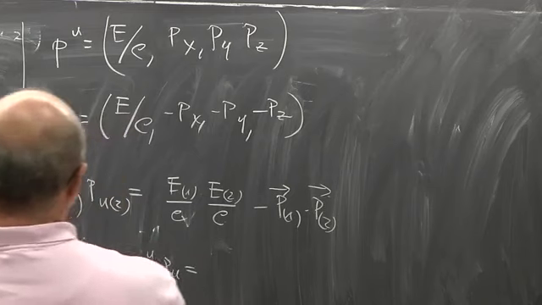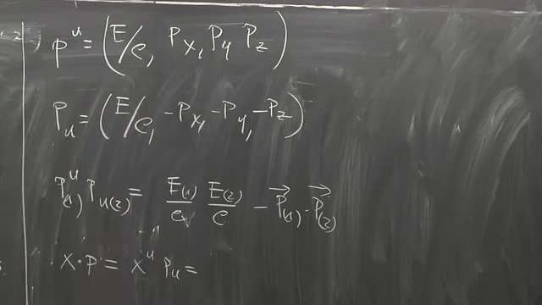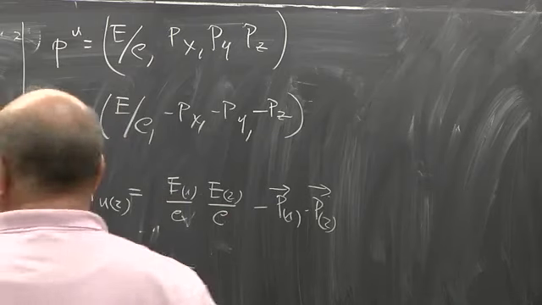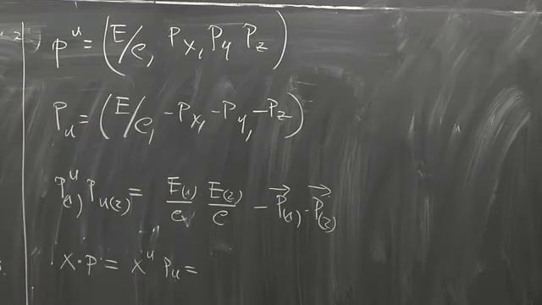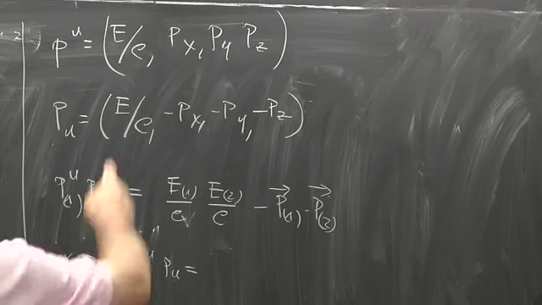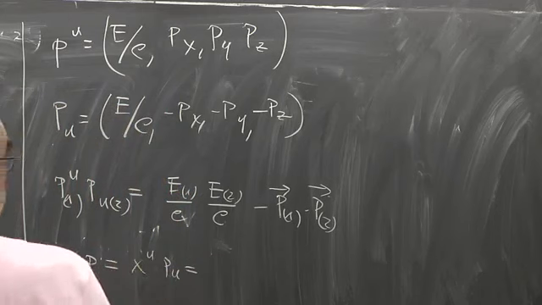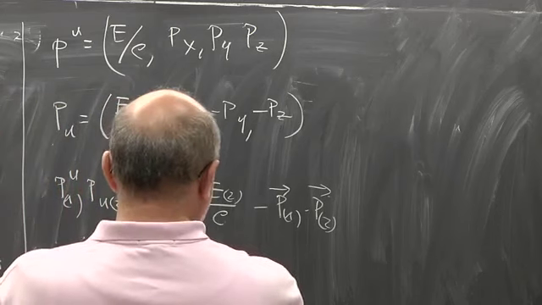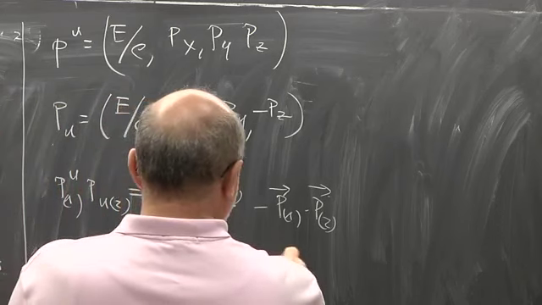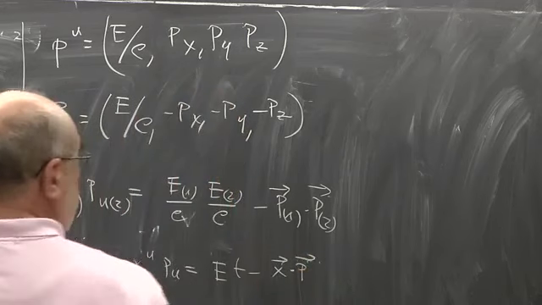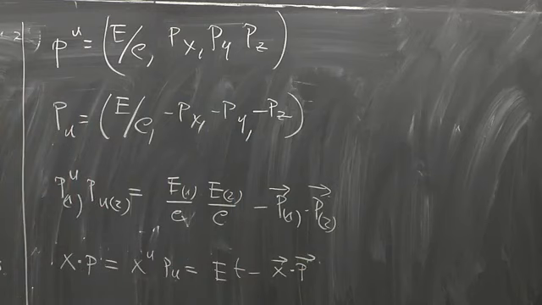Then remember x has ct, and P mu has E over C, just to keep the dimensions. This one now has the dimension of a length, and E over C has the dimension of a momentum. If you do this, the C cancels, and you get Et minus x times P. When I put an arrow, it means the 3-vectors, okay?